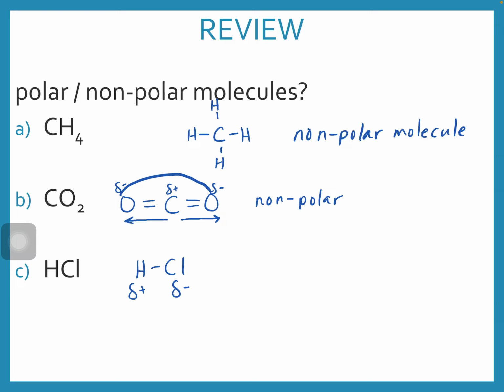So it creates a slightly negative area around chlorine and a slightly positive area around hydrogen. Because we have a clear positive and negative end of this molecule, this is going to be a polar molecule.